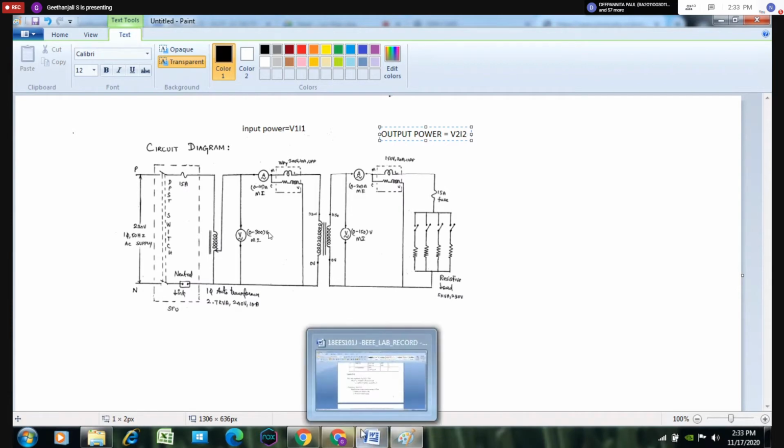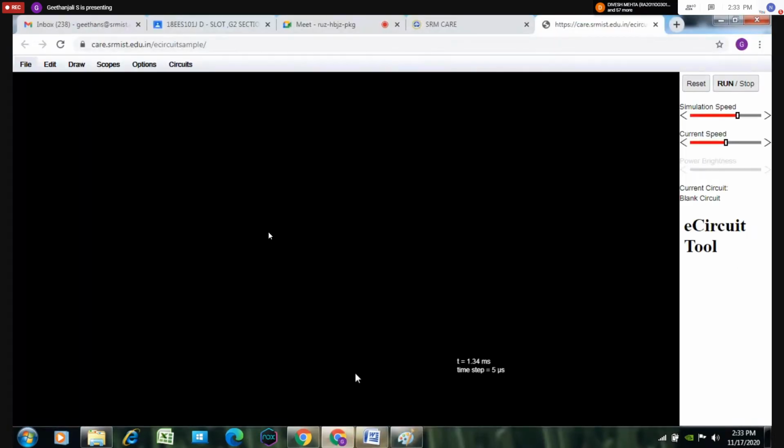Then next, the E circuit, all of you go. Now you go to the E circuit. What things are needed? Here you change the tabular column.